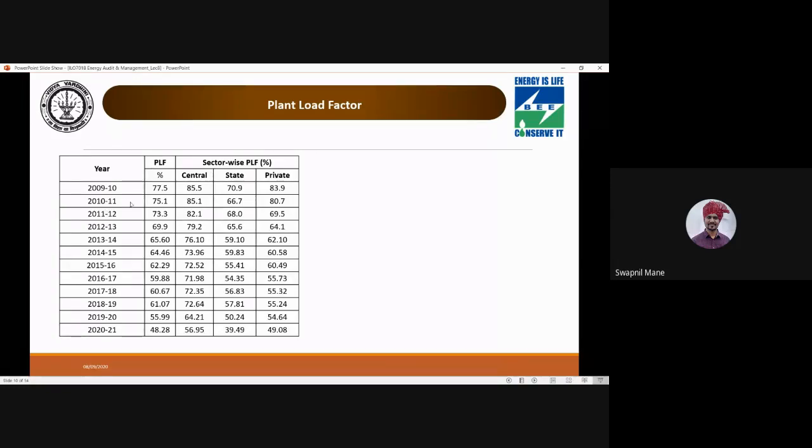State power plants, where the state has set up its own power plant, such as Maharashtra state, MSEDCL, MSEB has set up one plant, that is a state utility. And private means Tata Power, Reliance Power, private thermal power plants are there. So these are the plant load factors, and the average is 77.5 in 2009-10.